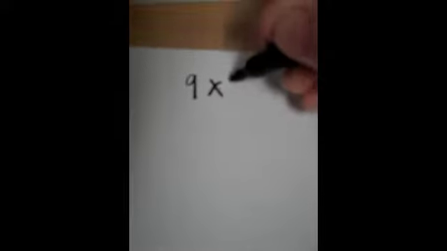Now, since we learned all our patterns, let's put them to good use. First problem I'm going to write is 9 times 7. Now, what number is being multiplied by 9? That's right, it's 7. And what is 1 less than 7? What is one number less than 7? That's right, it's 6.